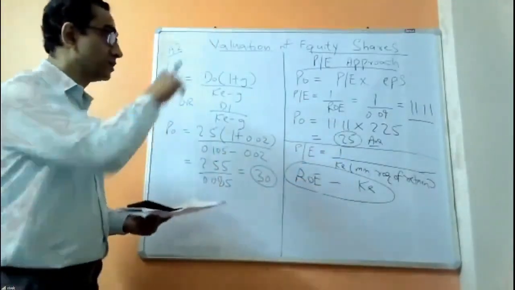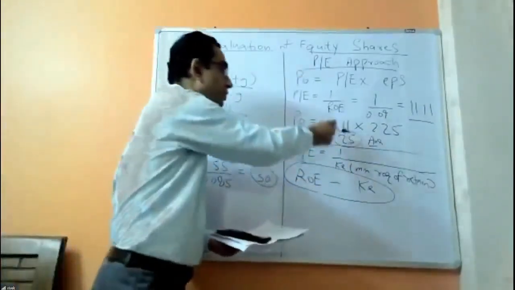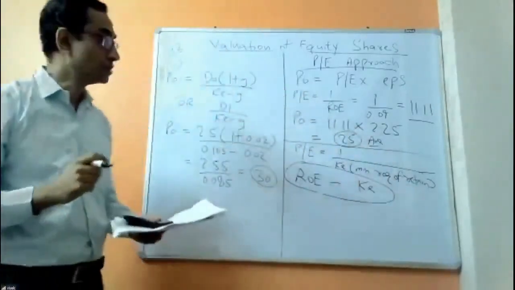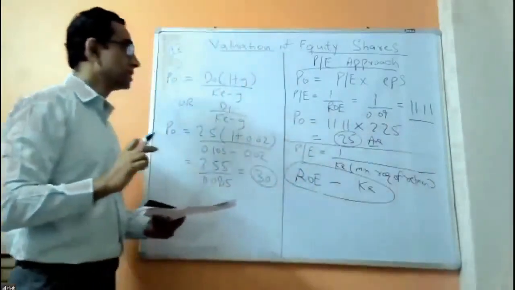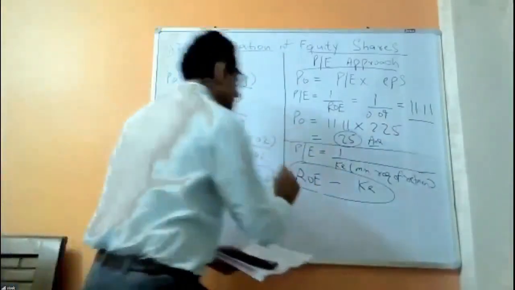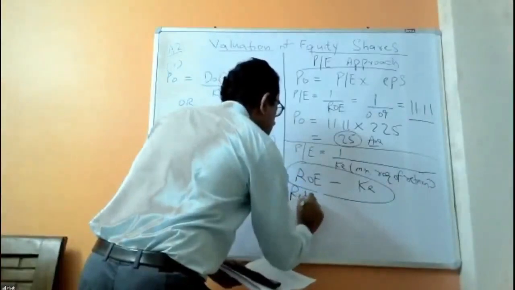Now the next aspect: why this inverse, that is 1 upon KE or 1 upon ROE? I will give you a simple explanation on this. What is a return?